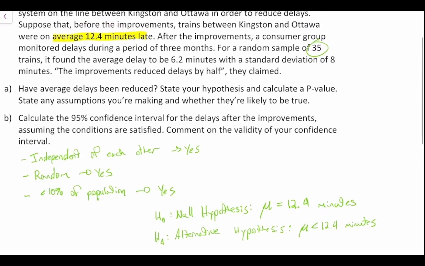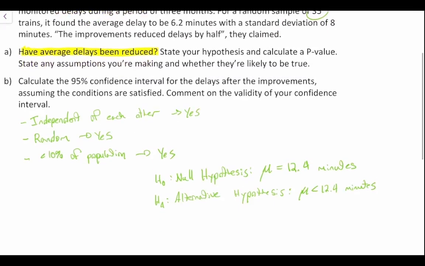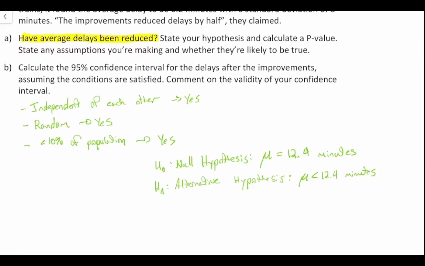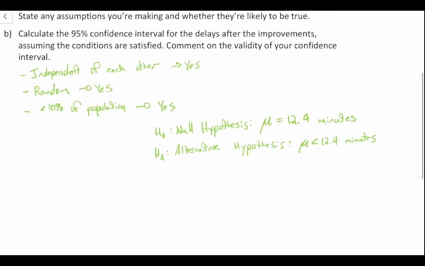Why is it simply less than and not does not equal? Well, in this case, the question is asking us, have the average delays been reduced, meaning less than 12.4 minutes? So we are interested in a one-sided test here. So less than is our one-sided test. So there we can write down a few other pieces of information.